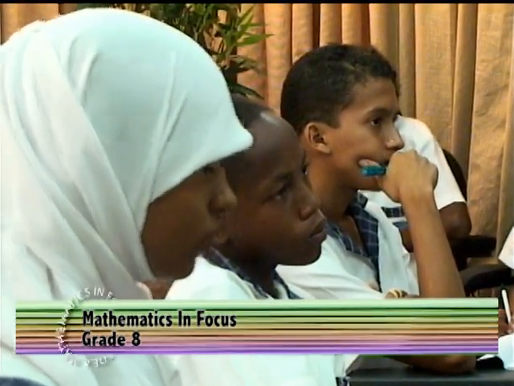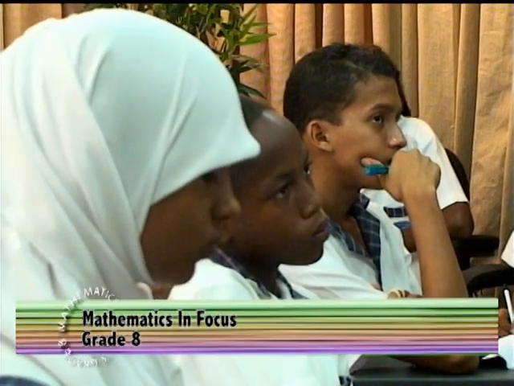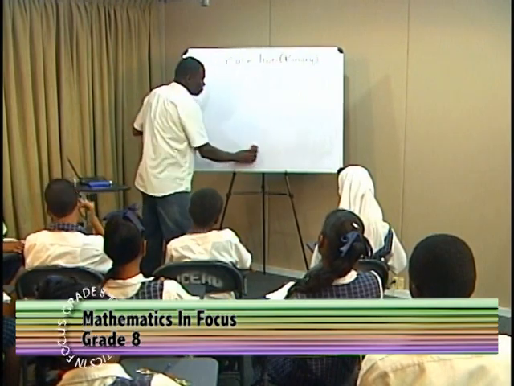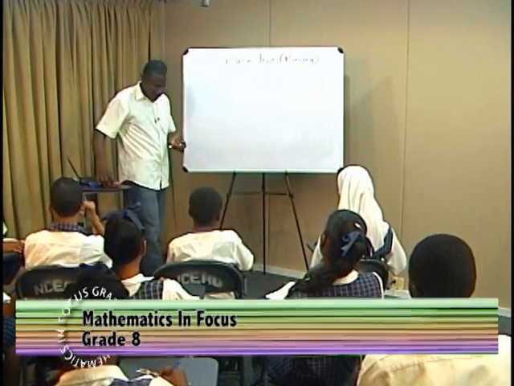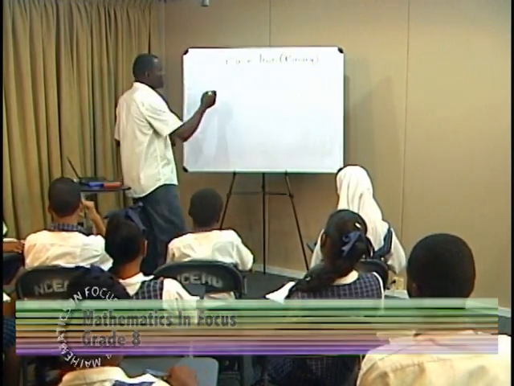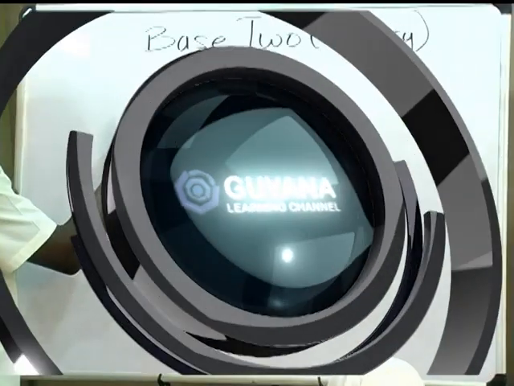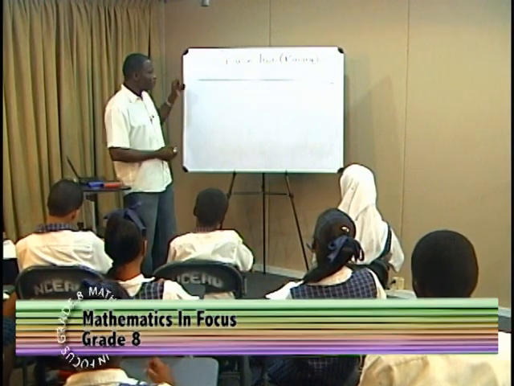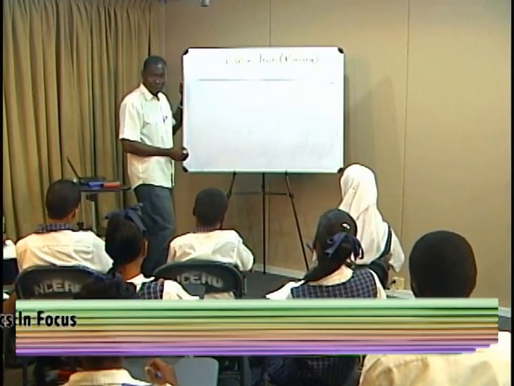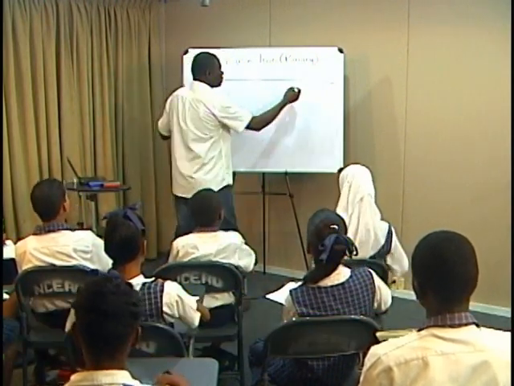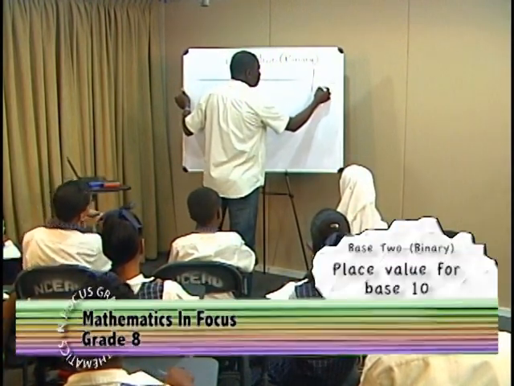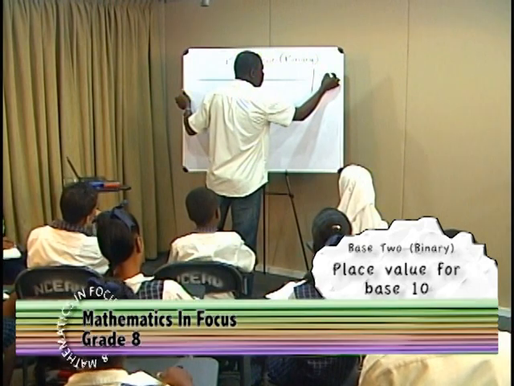So let us first write the partial place values for the base 10 system. And then we're going to compare it to base 2. Yes, let us look at the base 10 place value. We're going to look at the place value grid for base 10. Now we can start with 10 to the 0 power.